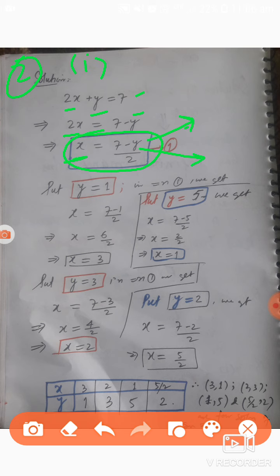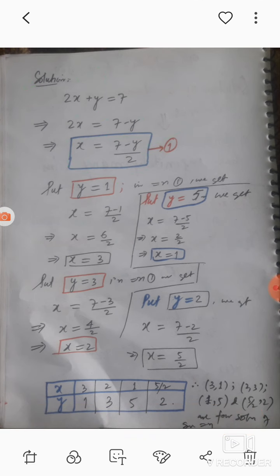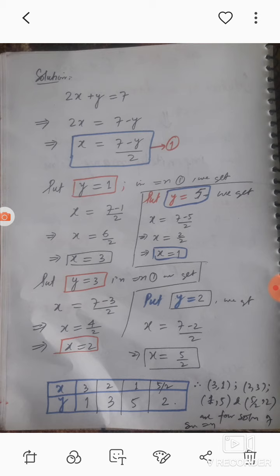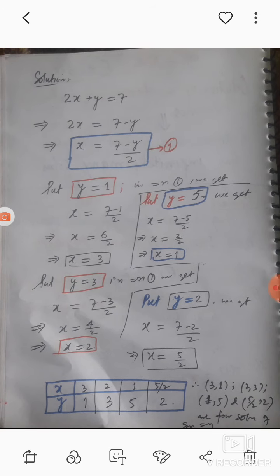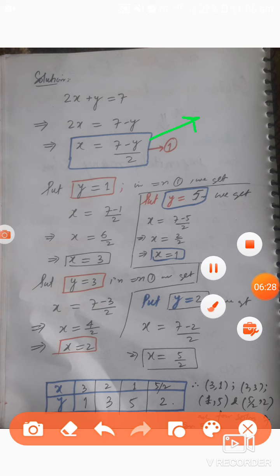So by putting values for y, we can get the values for x. y can assume any real number value. We name this equation first.